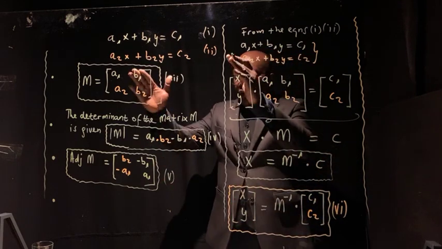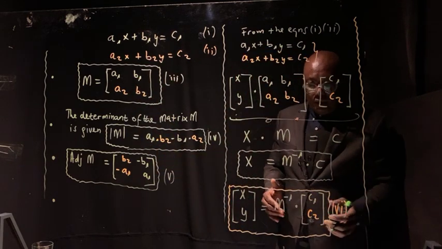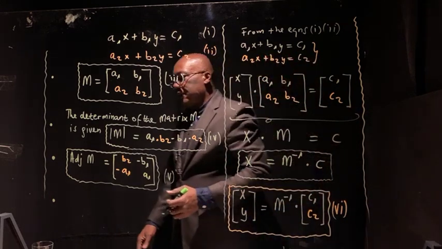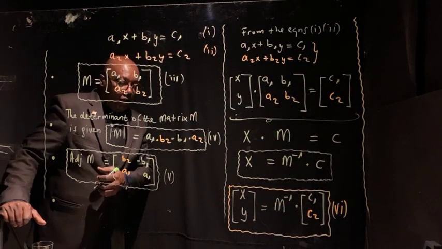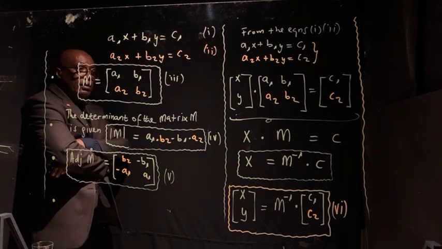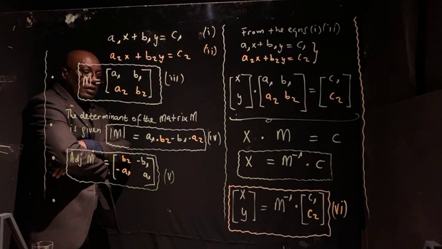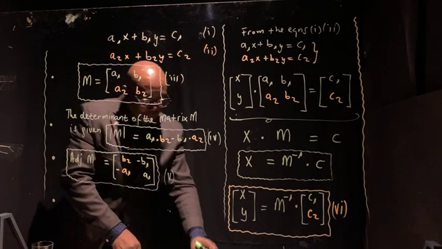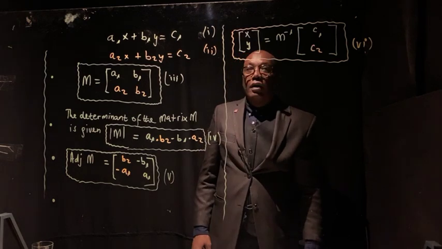So copy everything as you see on the board. I'm standing on this side for you to have a clear view of everything, and then I'll wipe it off, and then we'll take it from there. Take your time. Now we are continuing.